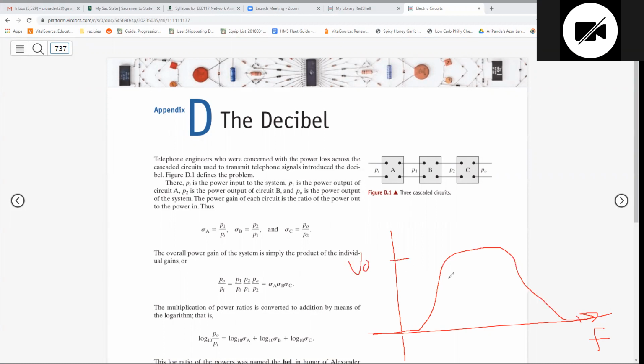Well, there's a middle area that it'll let frequency through, and the outside is going to kill them. This is a bandpass filter, okay? If you see a circuit do this, it lets high frequencies through. If you see a circuit do this, it's a low frequency filter.